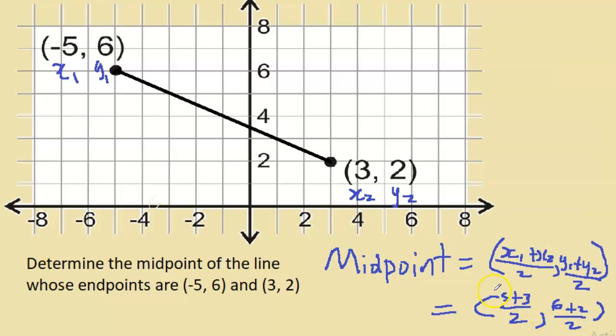So minus 5 plus 3, that's negative 2. Negative 2 divided by 2, that's negative 1. So the x coordinate of the midpoint is negative 1. And the y coordinate, 6 plus 2, that's 8. 8 divided by 2, that's 4.